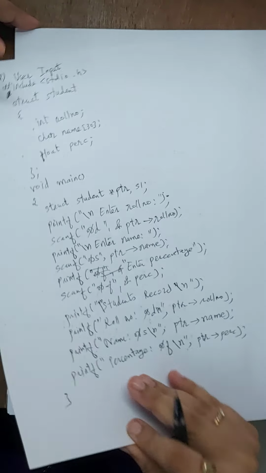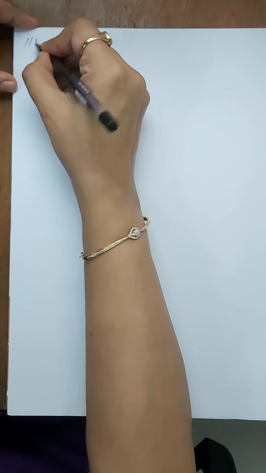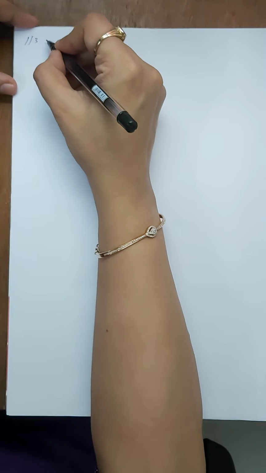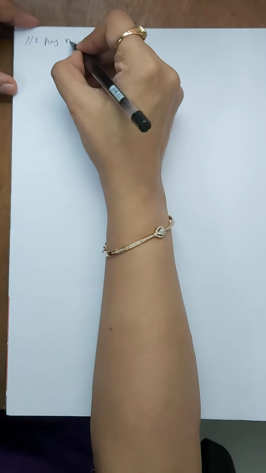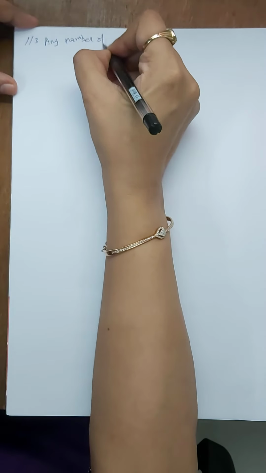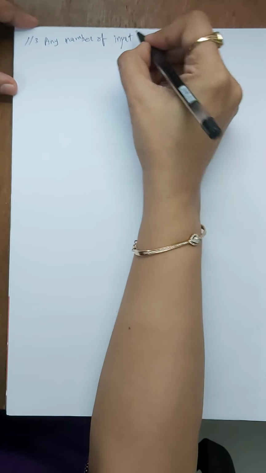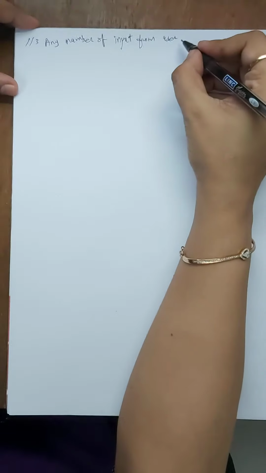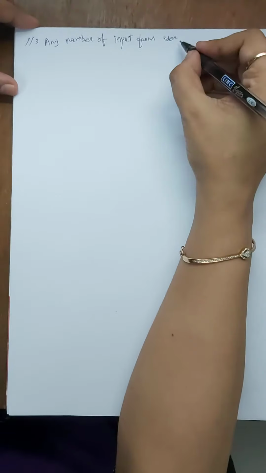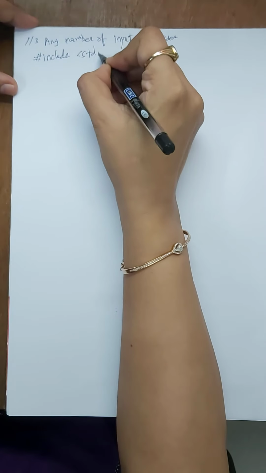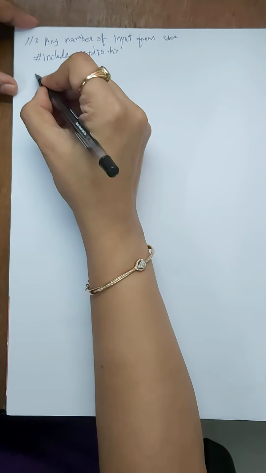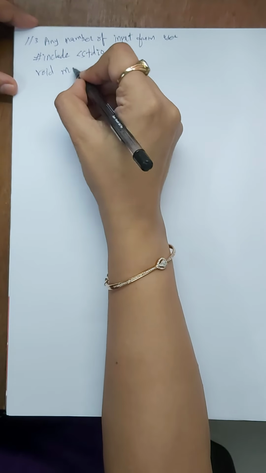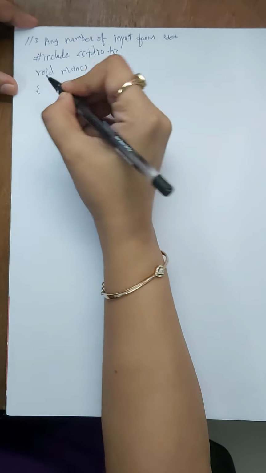Okay, and the next example, the last example, example number 3, here we'll take any number of inputs from the user along with structure and pointer. So again #include stdio.h, then void main.